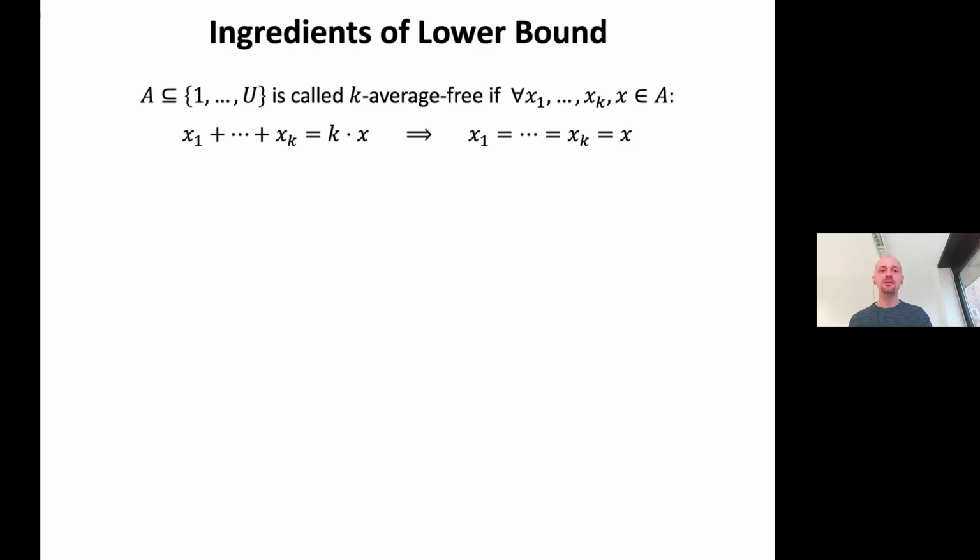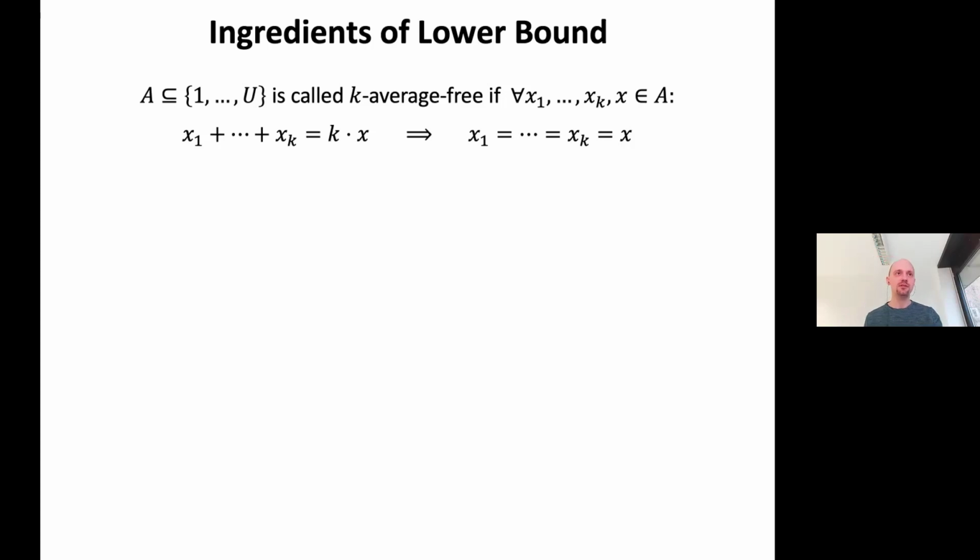So what are the new ingredients to get a tight lower bound? The most important one is this notion of an average free set, which is the following: a set of integers A is called K-average free if whenever you pick K plus 1 numbers in A, so x1 to xk and x, if the first K of these numbers sum to K times the last one, or in other words, if the average of the first K numbers is equal to the last one, then actually all these integers already had to be the same.